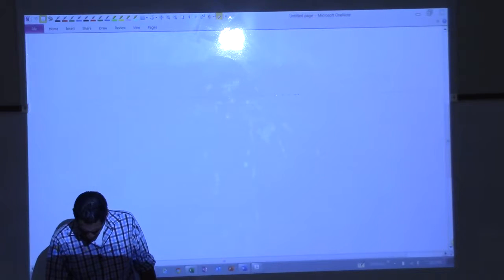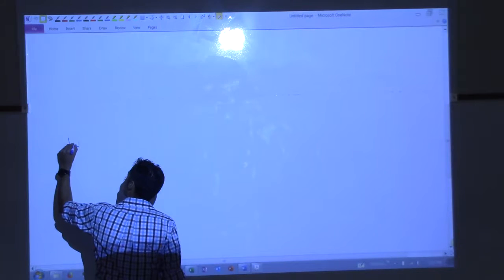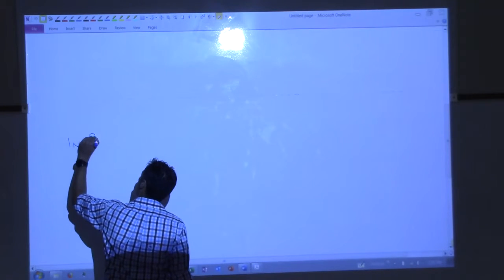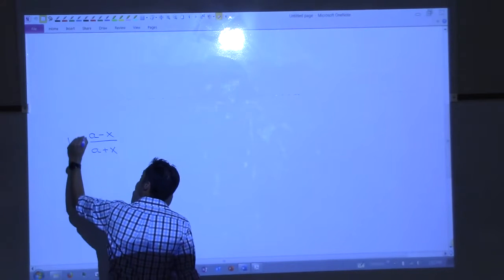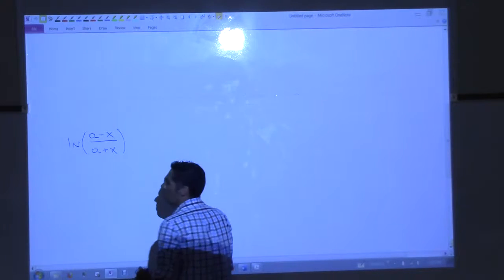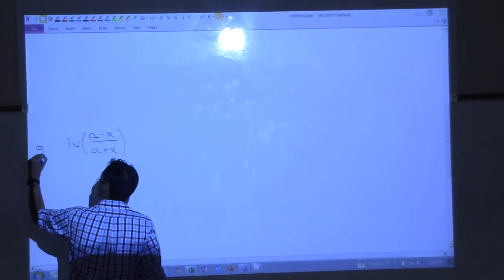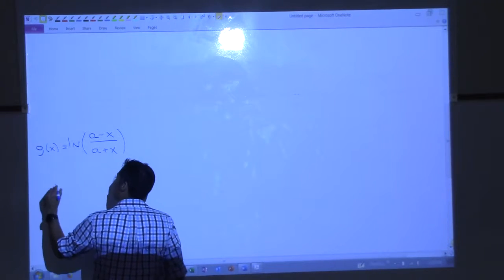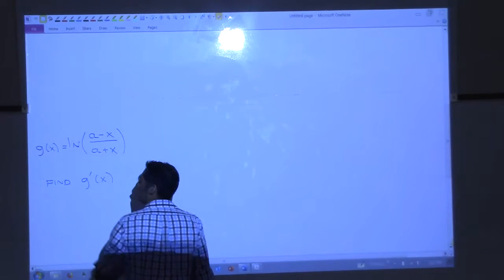Natural log of the square root? Oh, no. Okay, natural log of a minus x over a plus x? Correct. Okay. So this is given to us. They say g of x is equal to this, and you're asked to find g prime of x.